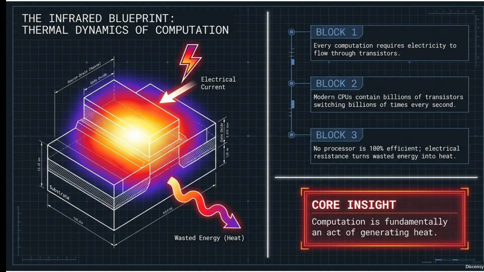heat. Every computation requires electricity to flow through transistors. Modern CPUs contain billions of transistors, switching billions of times every second. No processor is 100% efficient. It means that not even a single CPU, at the current time, is advanced enough to use 100% of electricity without giving out any sort of residue, which is heat.